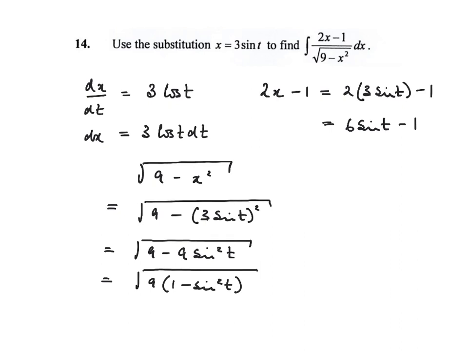And what we can do with that is write it as root 9, which is 3, and the square root of 1 minus sine squared, which is cos squared, so that gives us 3 cos t.